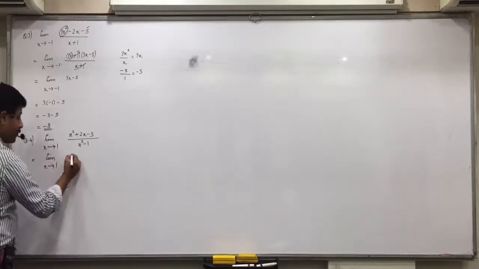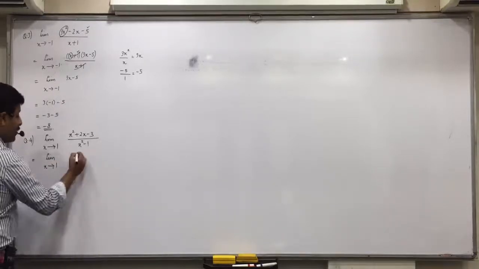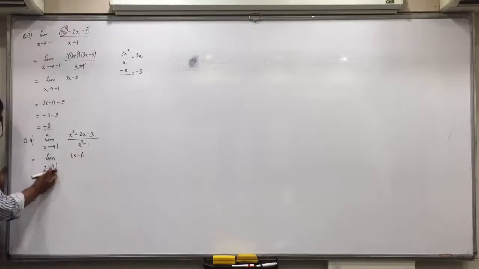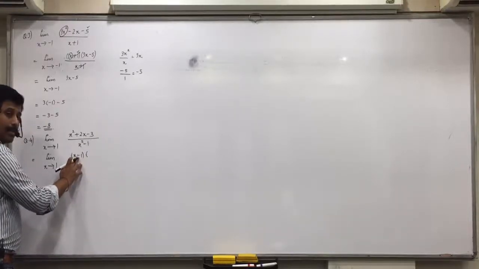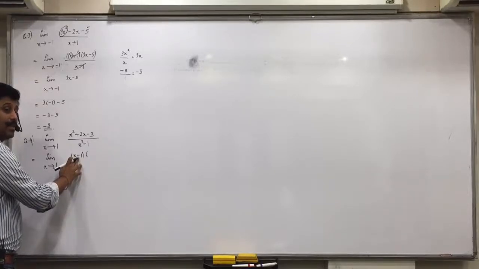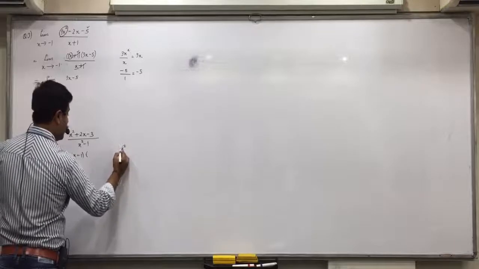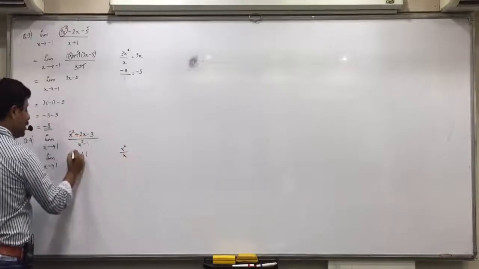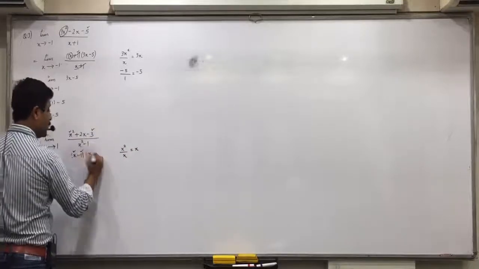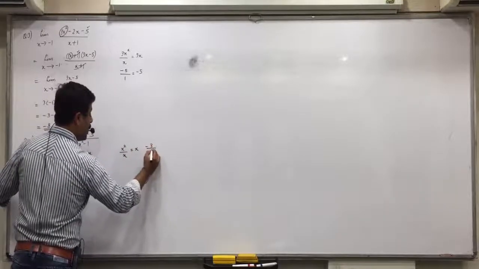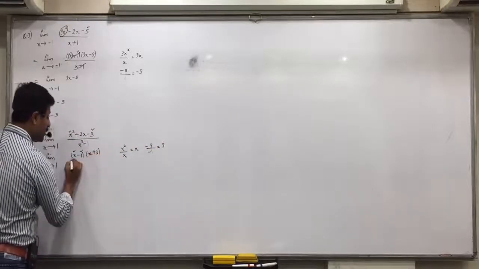Further, x square plus 2x minus 3, one of the factors will be x minus 1. x square divided by x is equal to x, and minus 3 divided by minus 1 is equal to plus 3. Is everyone clear with it?